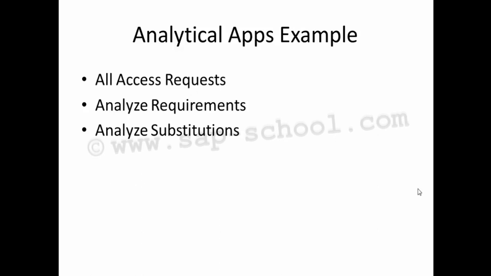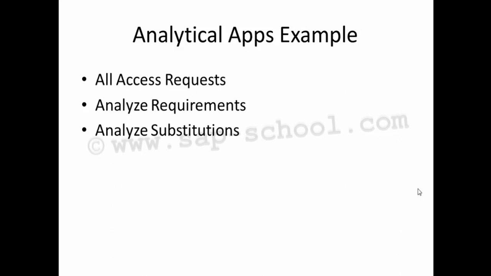Then we have the analyze requirements. So the analyze requirement app will enable us to analyze the ATP check results of a sales order. The app will provide us the following information for each requirement, that is the confirmation status, the confirmation percentage and delays if any.